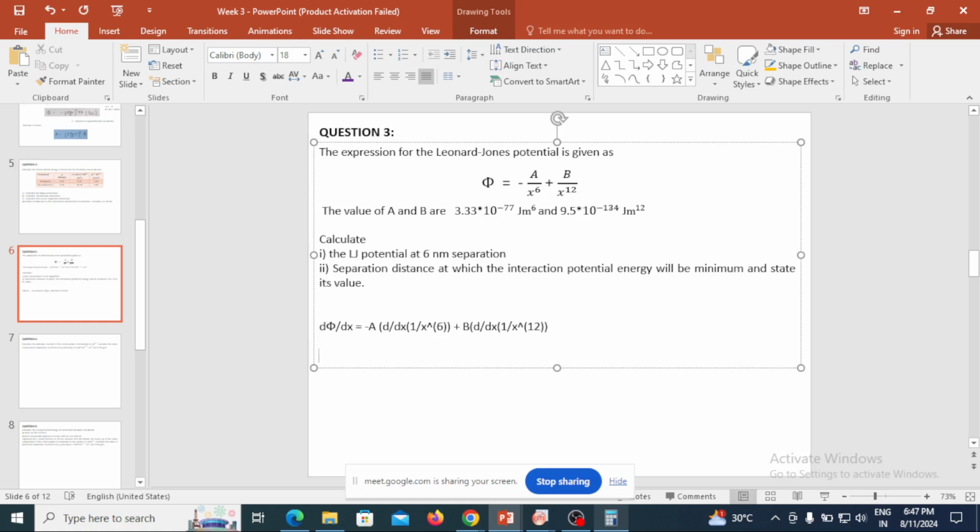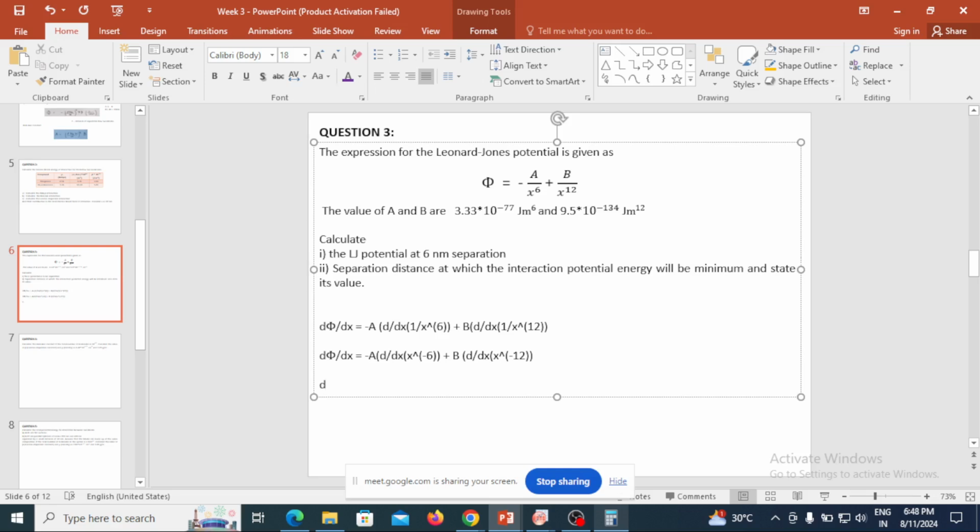So you can write d phi by dx as minus a d by dx of x power minus 6. So 1 by x raised to the power 6 will be x raised to the power minus 6, right? So plus b d by dx of x raised to the power minus 12.